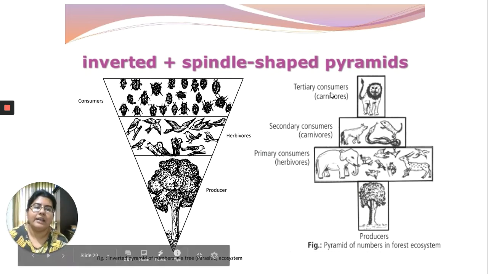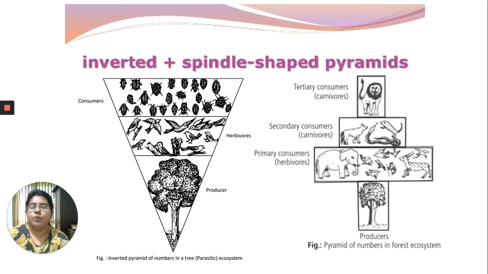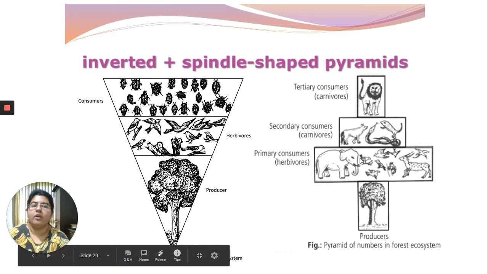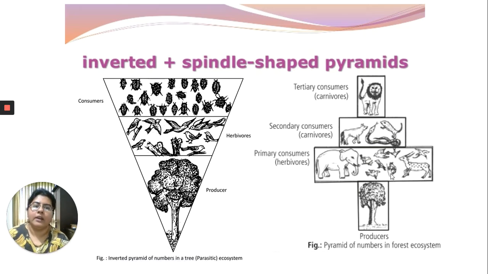Here is a grassland ecosystem pyramid which looks like a spindle. So there's one tree which gives fruits, leaves, and all herbaceous parts as food to the deer, elephant, and many other birds and animals living near the tree.